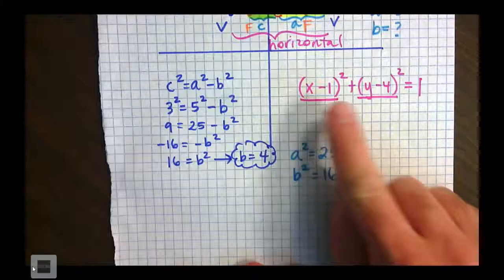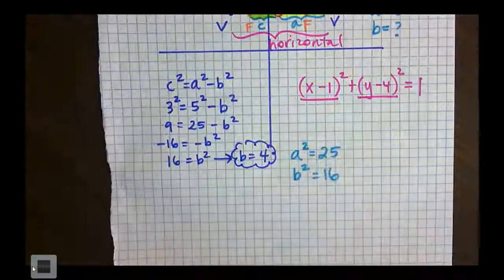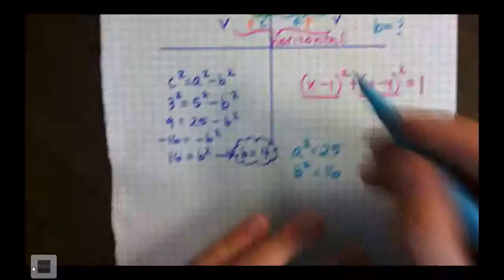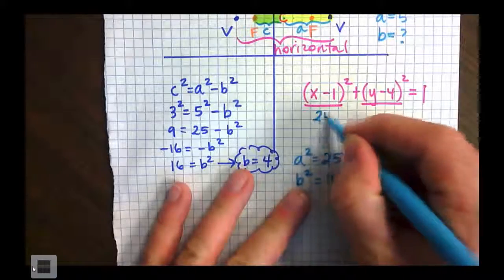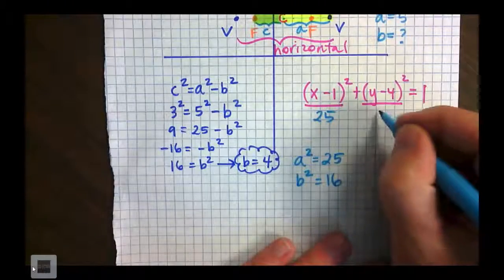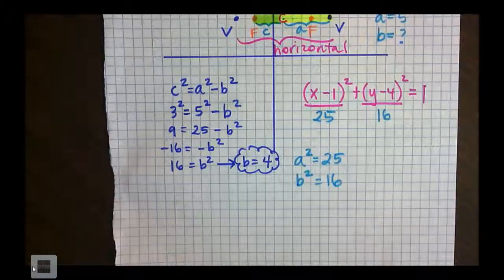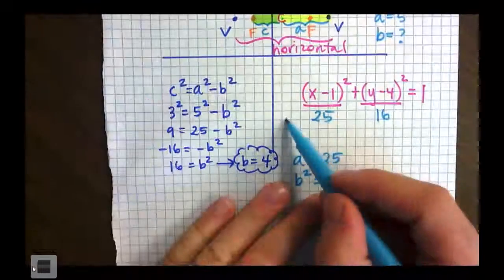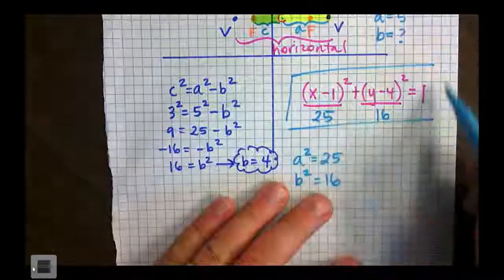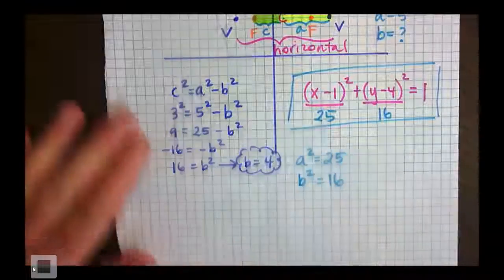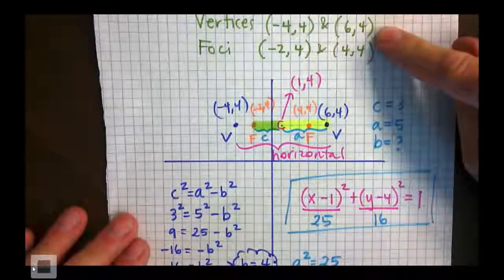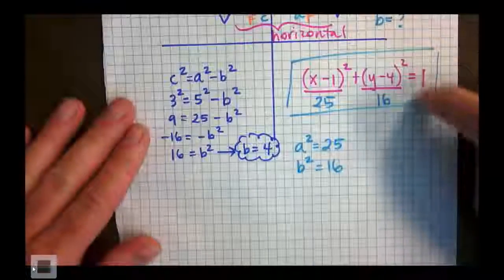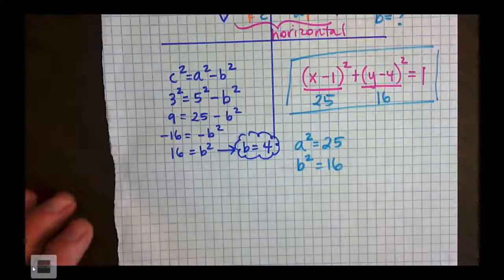If it was more vertical, it would go underneath the y term. So my answer would have this 25 on the bottom and this 16 on the bottom, in that order, and we've got the complete answer given the vertices and the focus points. I have now found the correct equation.